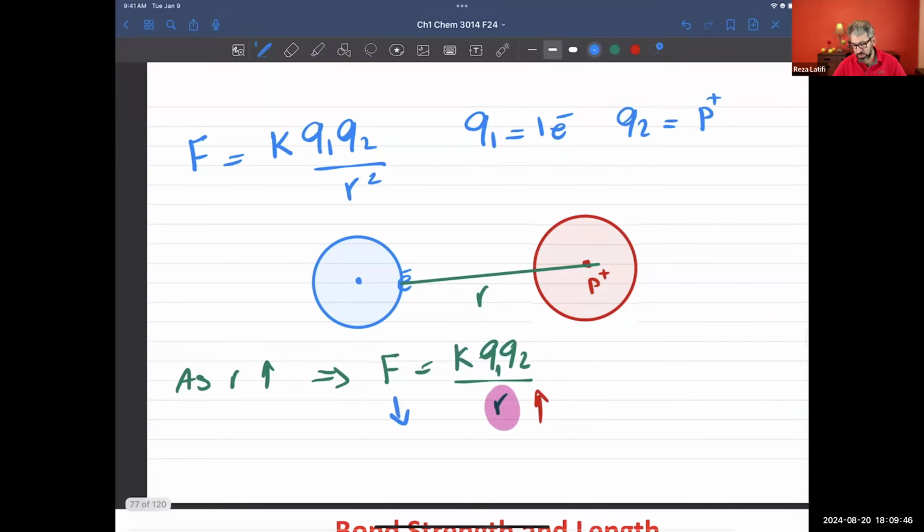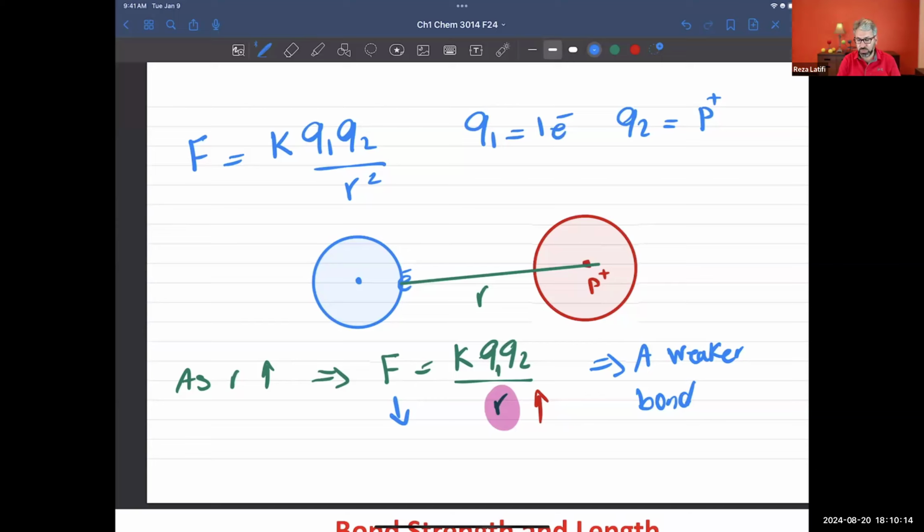It means you will have a weaker bond. So this is the distance between two p orbitals that are going to form a pi bond, versus two p orbitals that are interacting head-to-head. Because the distance here is less, force is going to be stronger.